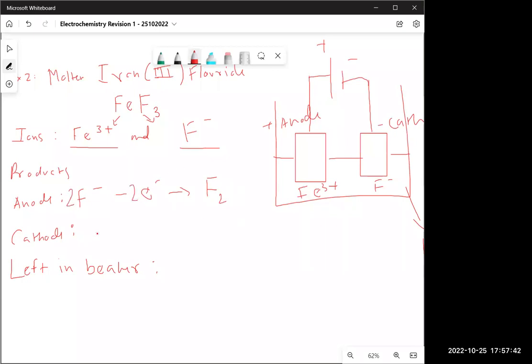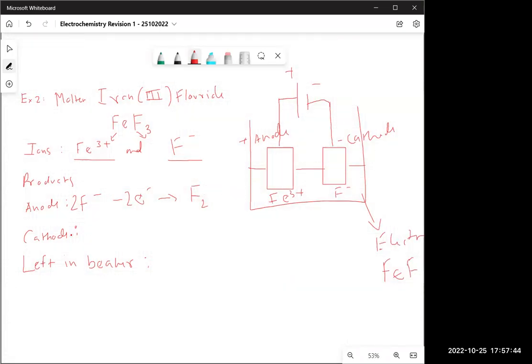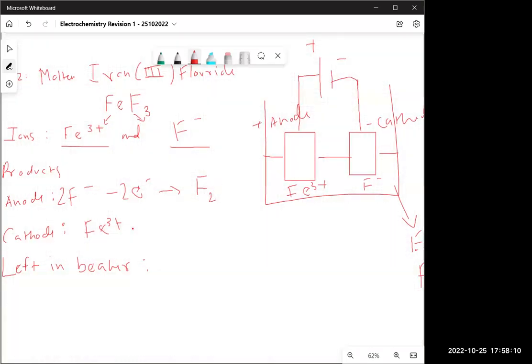Fine. Niranjana, what will form at the cathode? Fe3 plus will go to the cathode, or F minus will go to the cathode? Fe3 plus. Yeah. The plus is the big thing, right? And what will happen at the cathode?